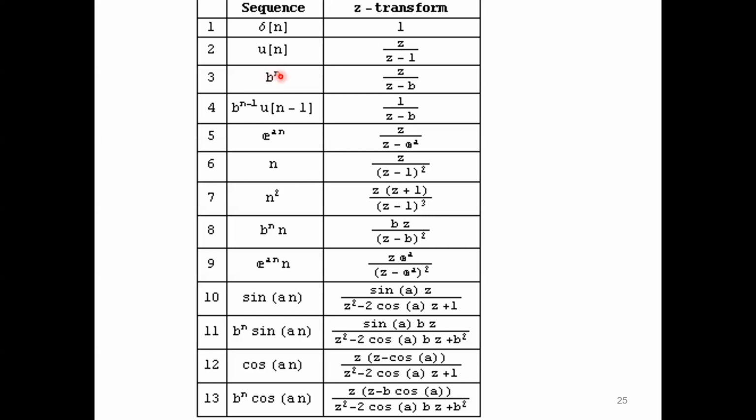Right? First sample is 0, second sample is 1, third sample is 2. So 2 to the 2 means 4. So you see it is increasing, right? So when we represent this in the Z world, it is z over (z minus b), b is 2. Okay. So remember that pattern.